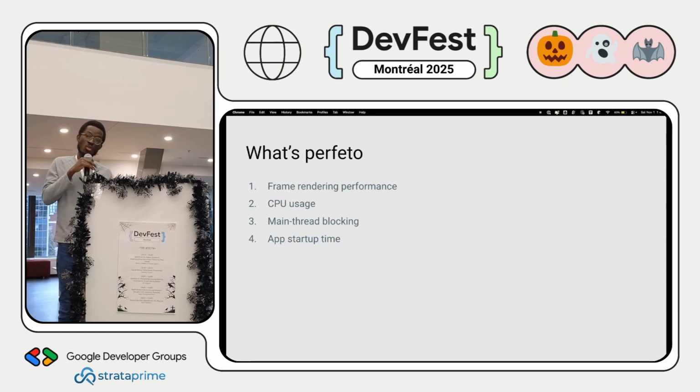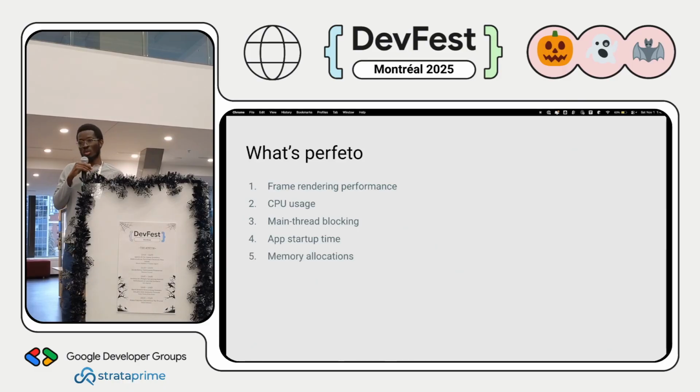You can also get some metrics regarding app startup. Right now, app startup is, I would say, one of the most common frustrations when using an Android application. You launch it and you have to wait a couple of seconds before starting to use it. With Perfetto, you can have a clear idea about what is happening exactly when I start my application.